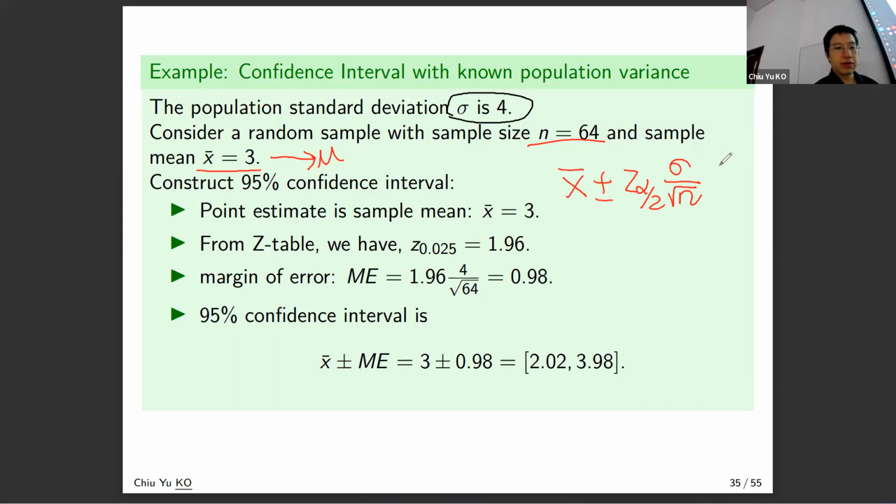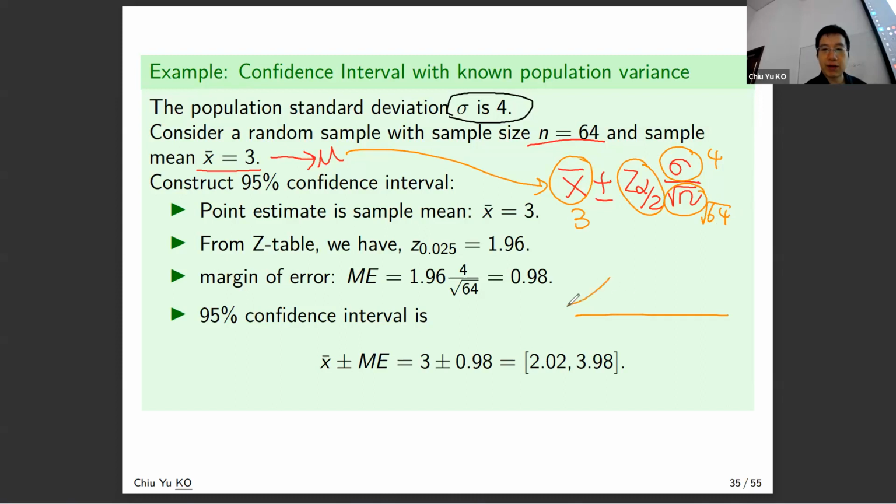Remember, for the interval estimate, we start with our point estimate. That's 3. Sigma is 4, then we're done. And n is 64. What is left is this guy. Remember, we want a high probability inside, that is 1 minus alpha.